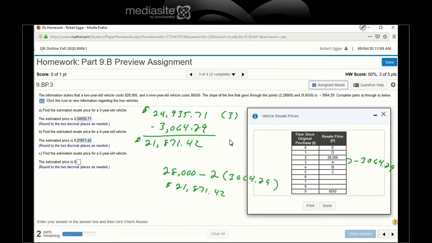And now the 5-year-old price. So this was the 4-year-old price.